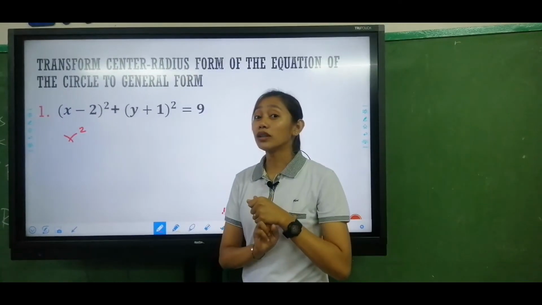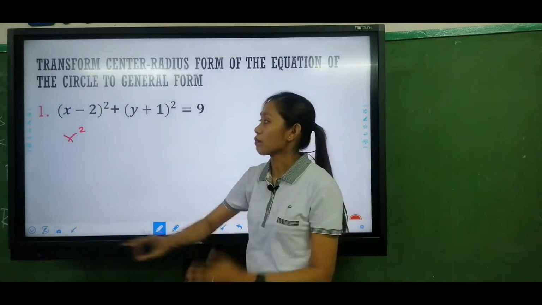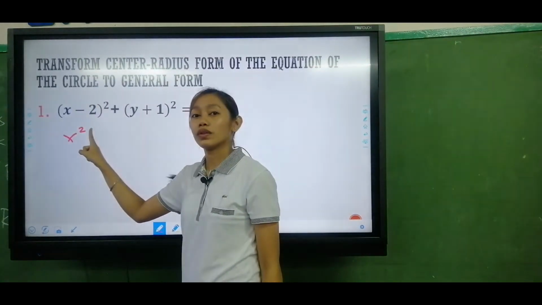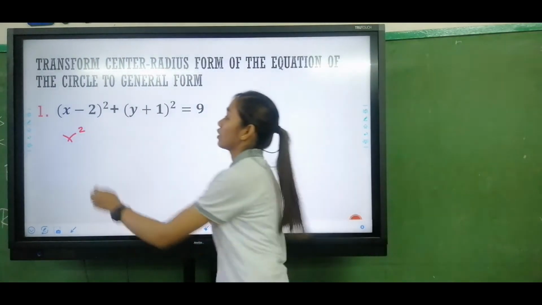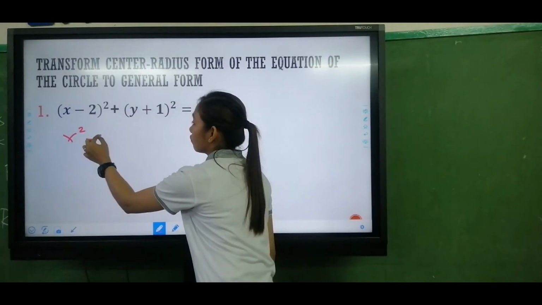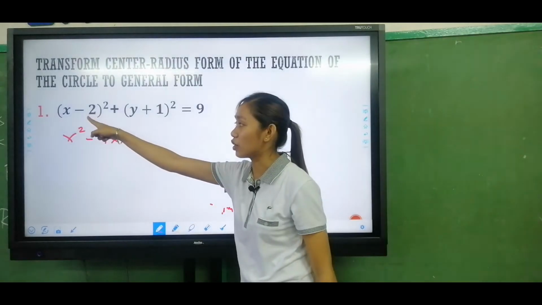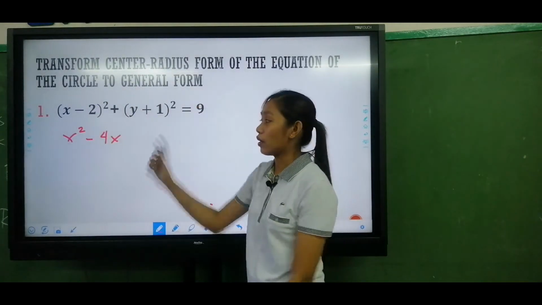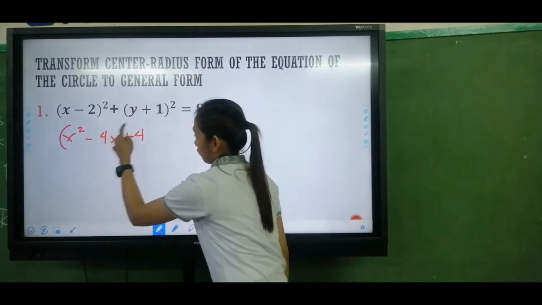Second step, multiply natin si first term and your second term times 2. So negative 2 times x, negative 2x times 2, so this will be negative 4x. Third step is square the last term. So negative 2 squared, so that will be positive 4.